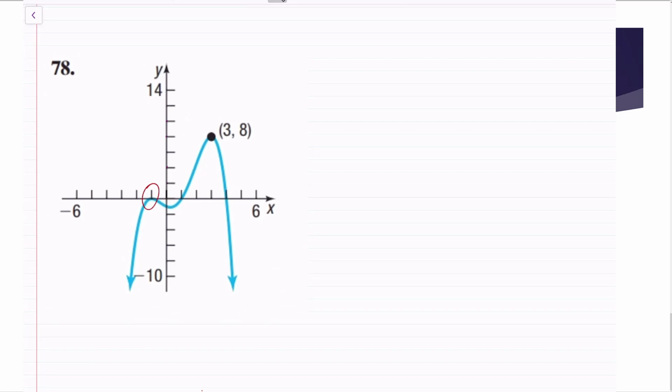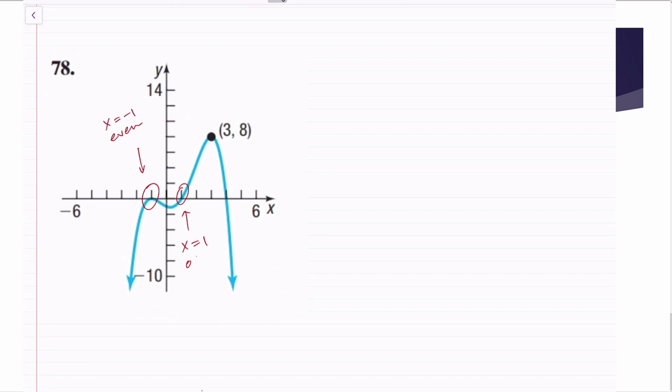Now, when you look at the scale on the two axes, you notice that they're using a different scale. So on the x-axis, each of those hash marks is 1 unit, meaning that right there, that's a root at x = -1. And it looks like it has even multiplicity because the graph bounces off the axis, as we discussed in a prior video. I have another root right there, and that looks like it's at x = 1.